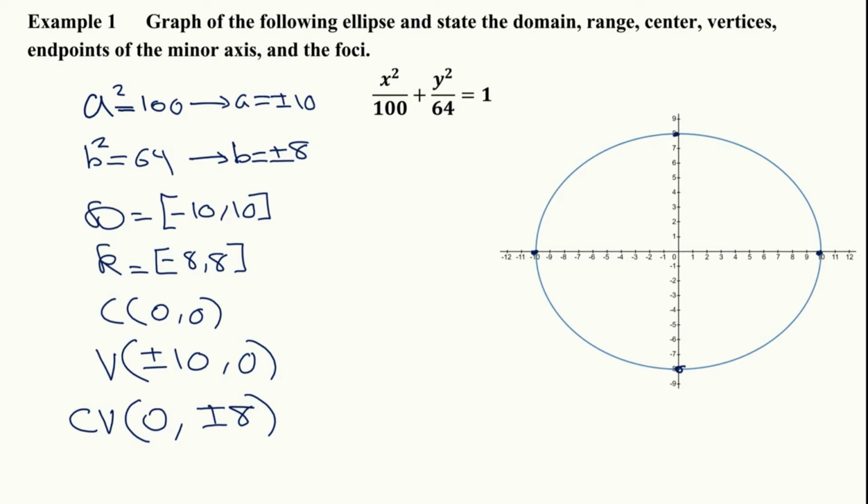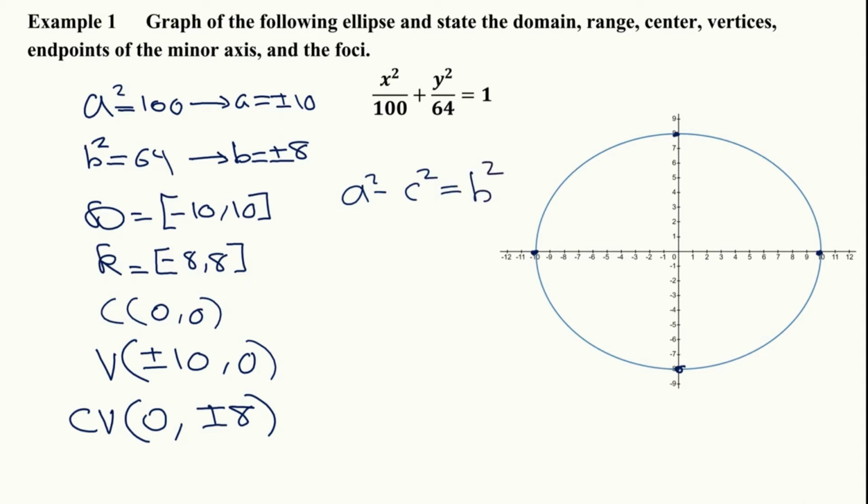Now the foci we need to find, right? Because we have a and we have b, so we can find c. Remember, this is b, this is a, and the c is going to be somewhere here. So if you recall, our equation was a squared minus c squared equals b squared, right?